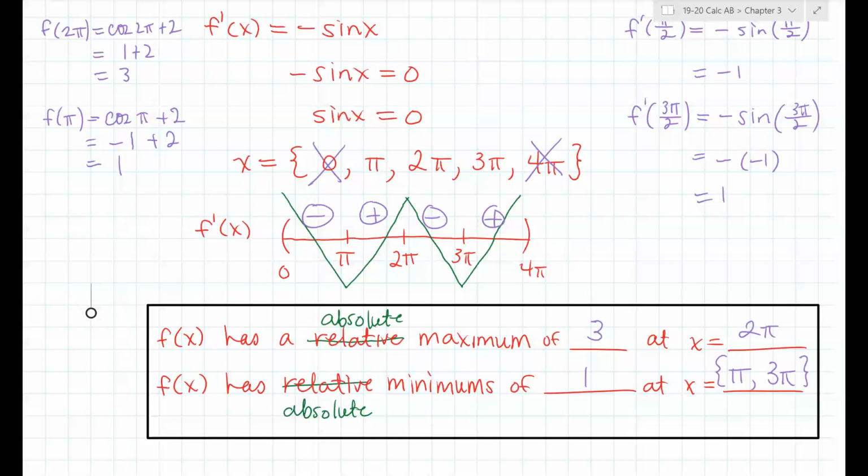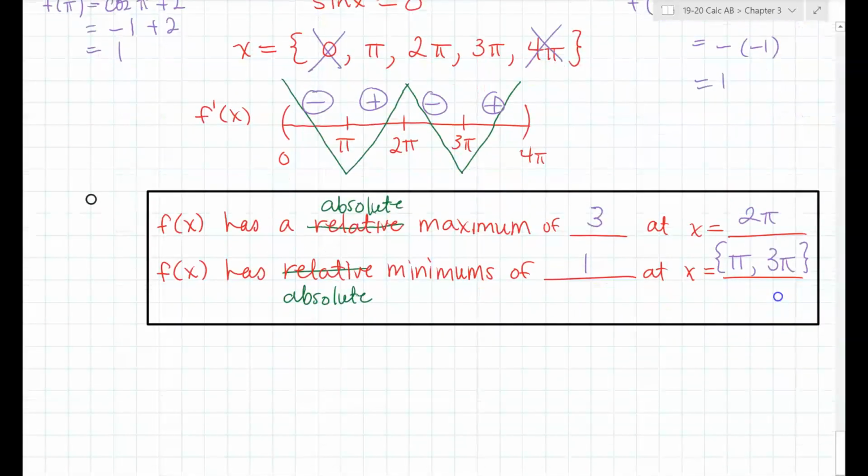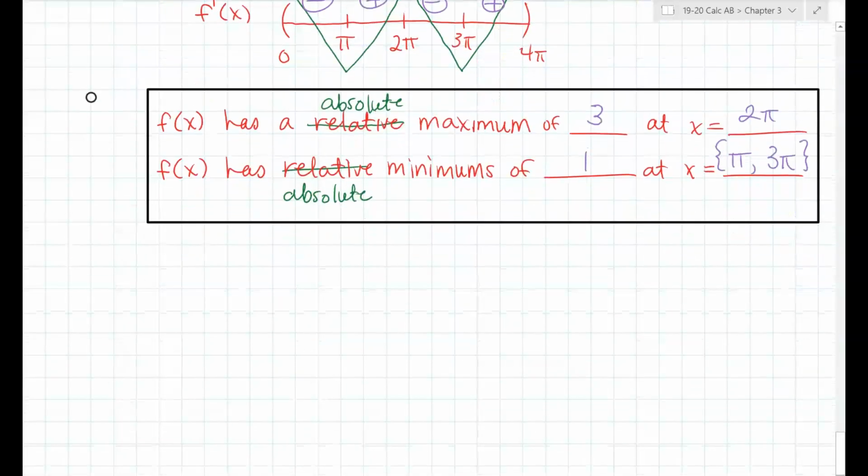Any questions on this one? Or any other questions on it? I guess we already had some. Alright, so last example, and we're done. I'm going to let you guys try this for a little while, okay?